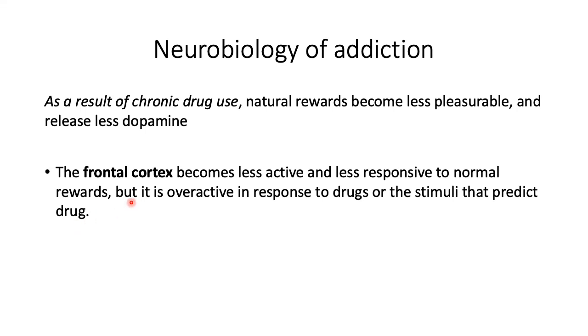So if the drug is around, then the person becomes responsive to it. And just knowing they're going to get the drug tends to activate the frontal cortex a lot more. However, all of the other activities that are necessary for your everyday survival become less and less pleasurable. So it seems like our brain starts hyper-focusing on the drug that it wants to obtain.